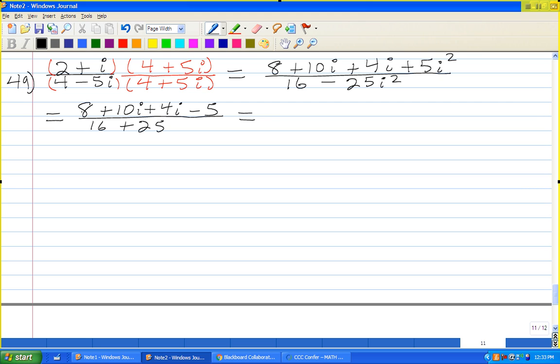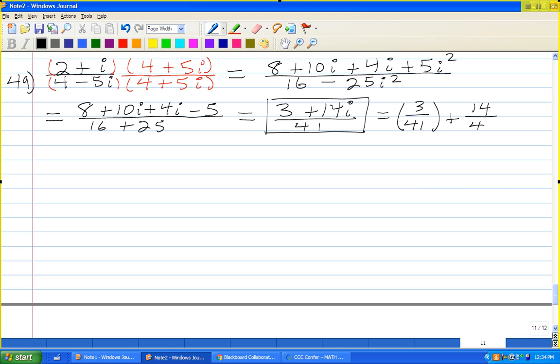Combining like terms, 8 minus 5 is 3. 10i plus 4i is 14i. 16 plus 25 is 41. And again, let me write this in standard form: 3 over 41 plus 14 over 41i.